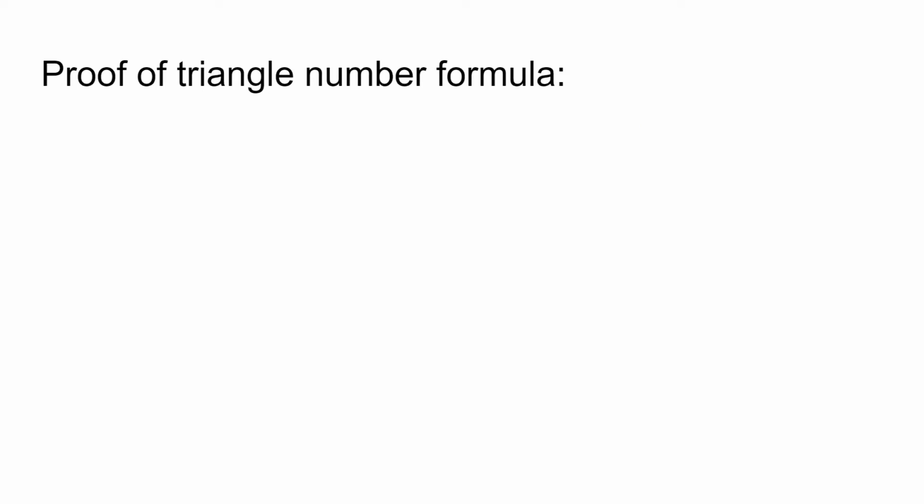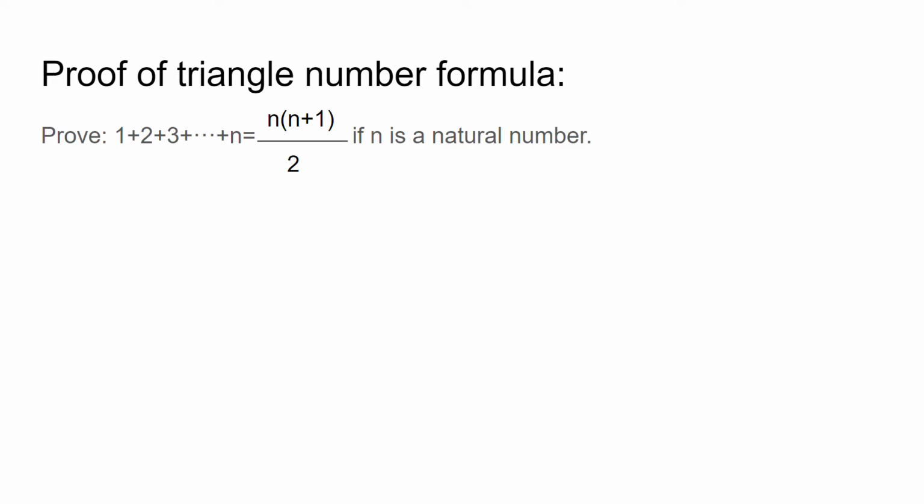Now let's practice mathematical induction with proof of the triangle number formula. A triangle number is a number like 1 plus 2 plus 3, and it goes on until you add n, and then you stop.